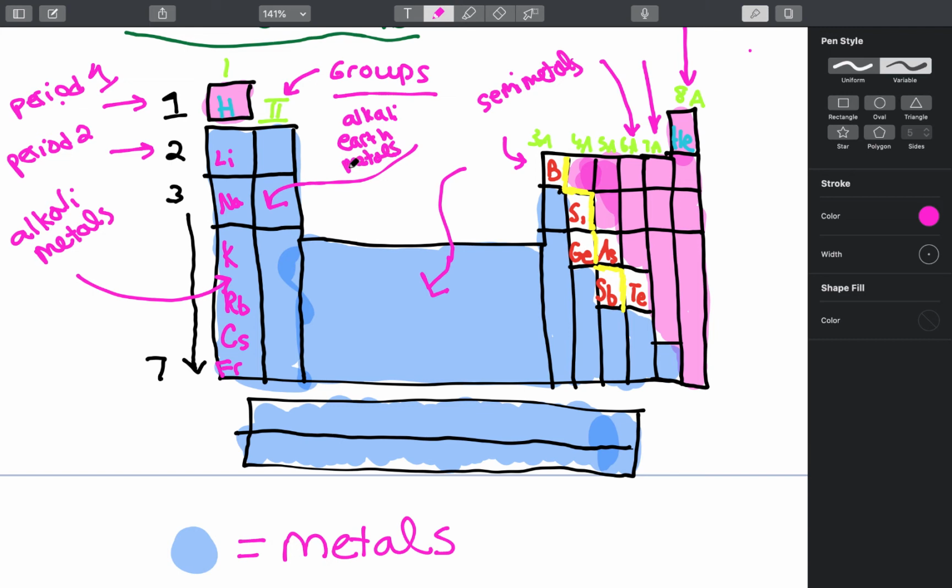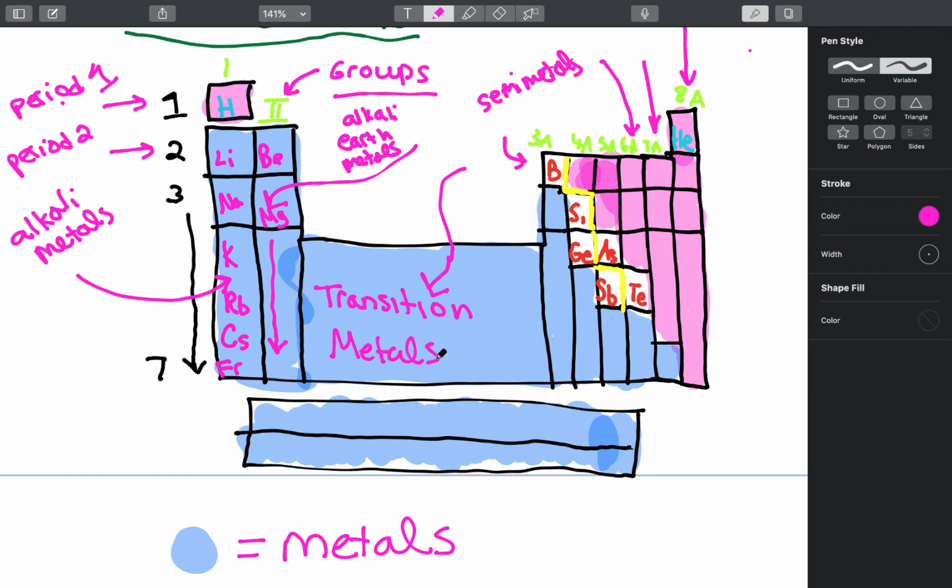So group 2 metals are the alkali earth metals. That's going to contain your beryllium, magnesium, and everything down below. This big group is actually a weird group of metals, as we'll learn about. This group is called the transition metals.